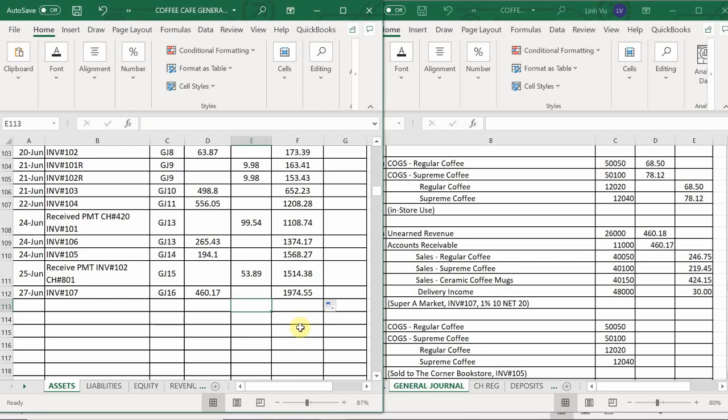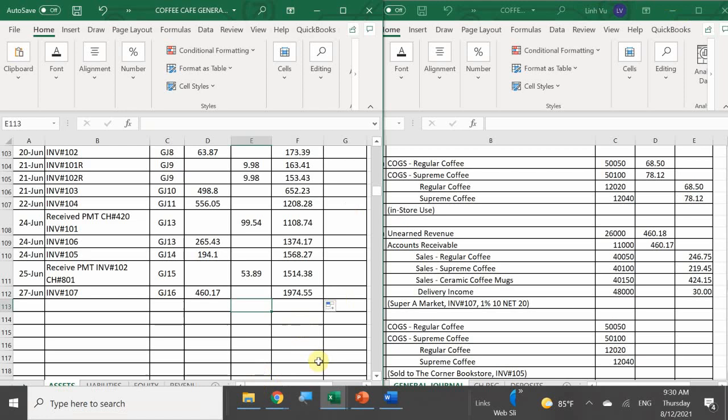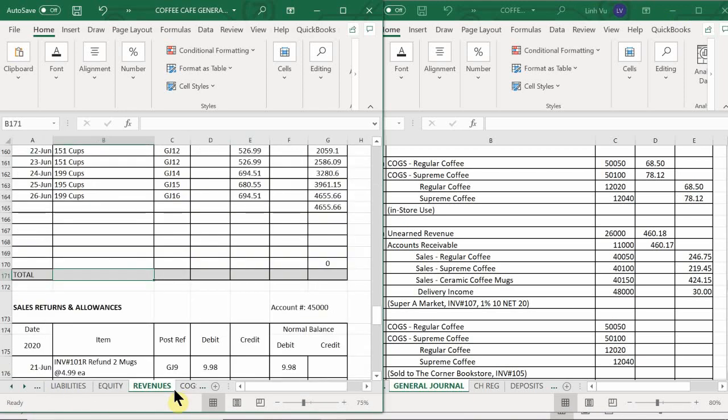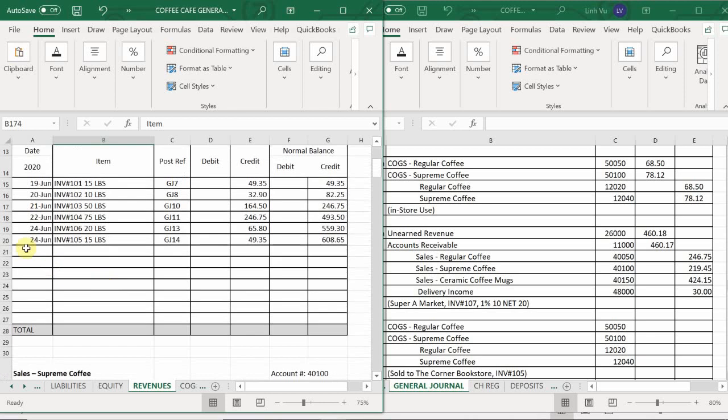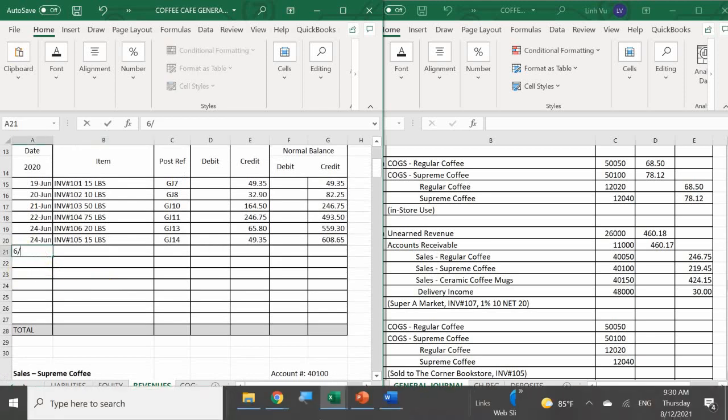And next account is sales regular coffee. Let's see how many pounds that was. That was for 75 pounds.